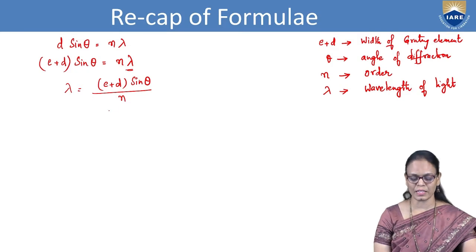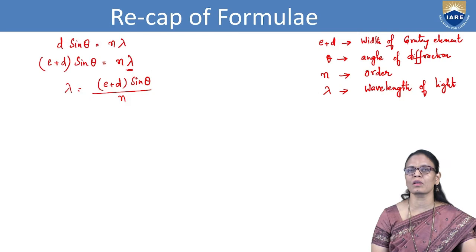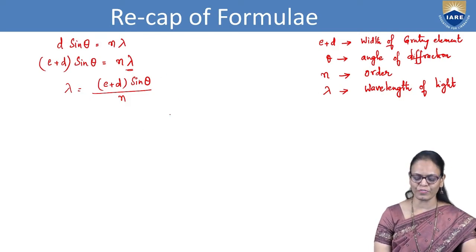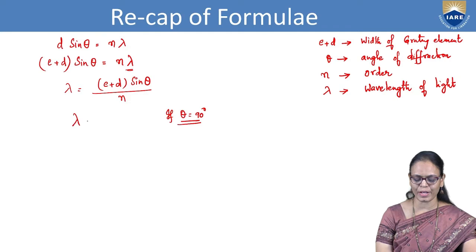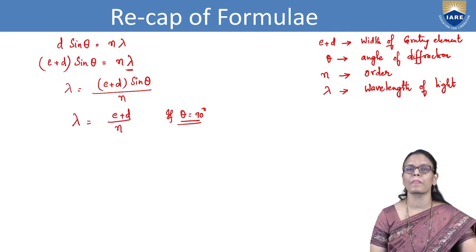Or in some cases where theta is equal to 90 degrees, for normal incidence, sine 90 is equal to 1. So we may simply write lambda is equal to E plus D upon n.